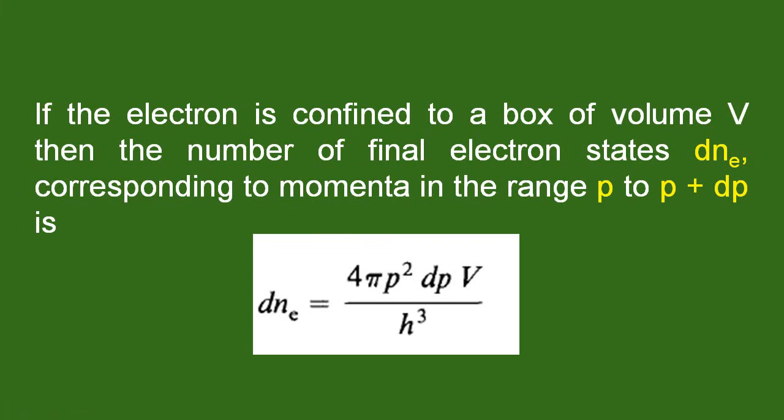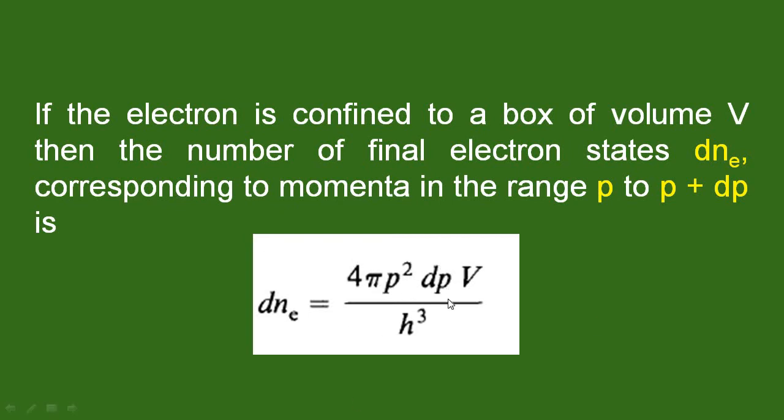In the next slide, we will be explaining the use of that term h cube. Actually, you know that in a 6-dimensional phase space, that means with the momenta and coordinates, you will be getting a 6-dimensional space where the volume of a unit element is h cube.